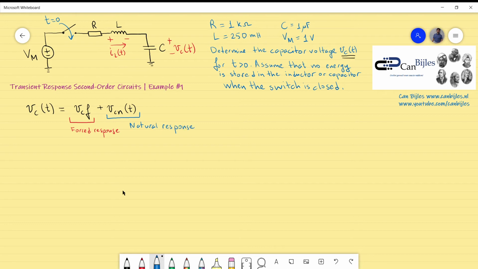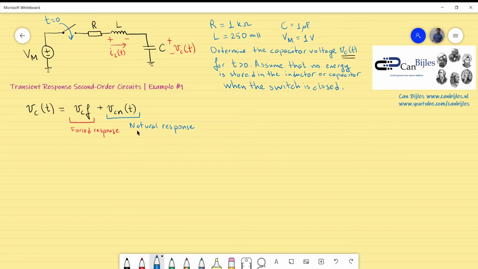Now the forced response, the red one, will be determined by the applied voltage, by the independent sources. So in this case, this is the VM. The natural response will be determined by the components themselves, which are by themselves present in the circuit.